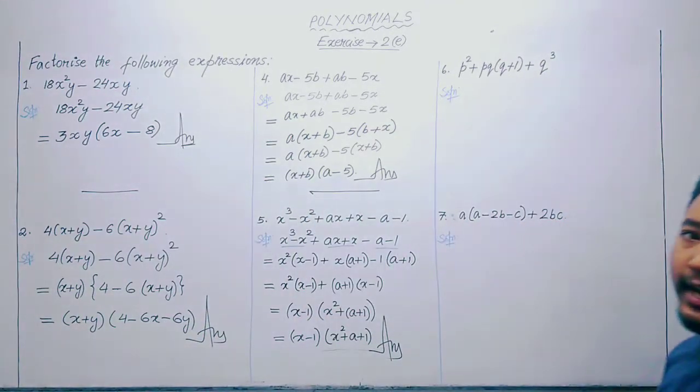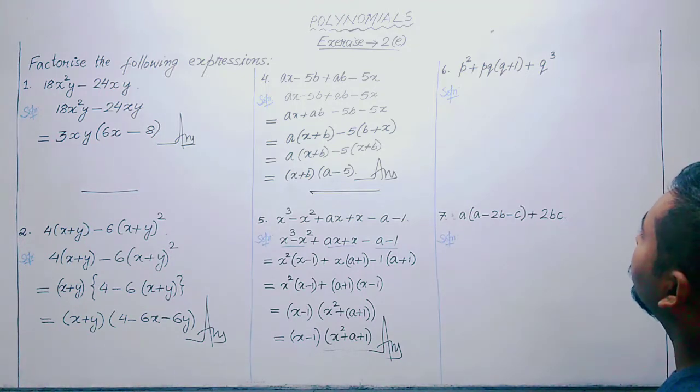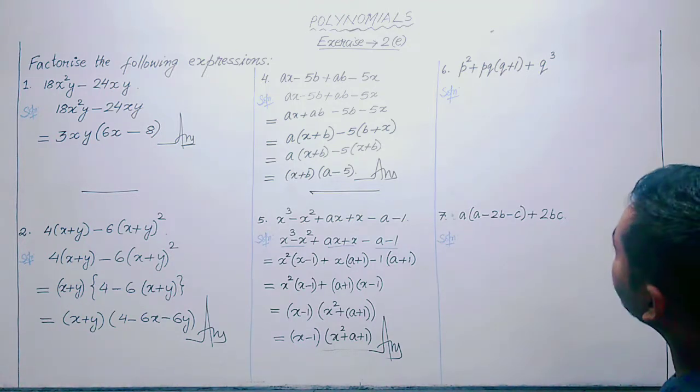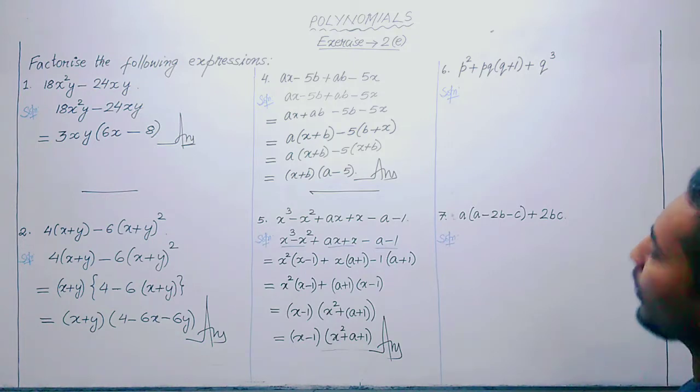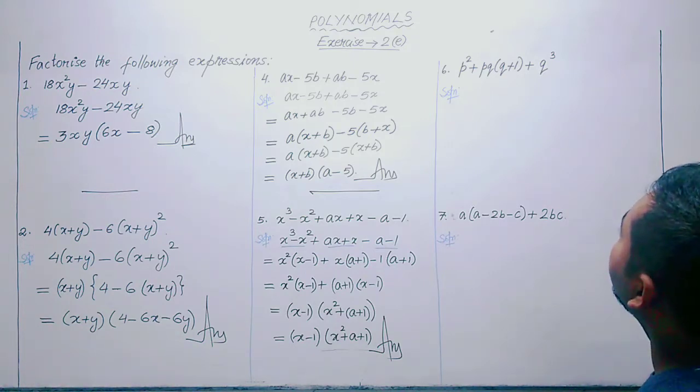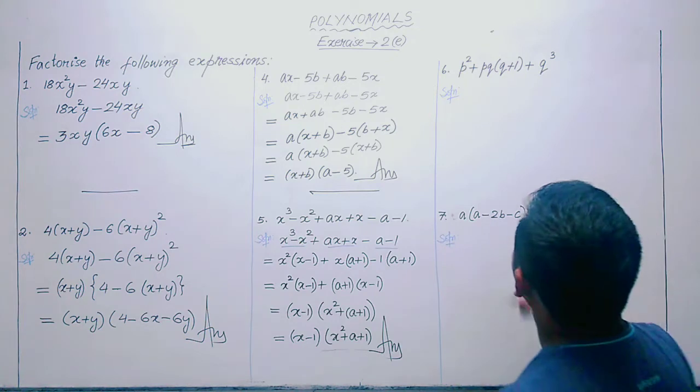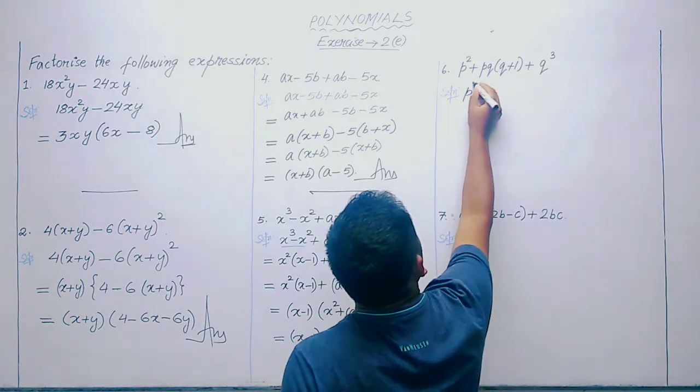Number 6. It says p square plus pq into q plus 1 plus q cube. Now let us write down this one.